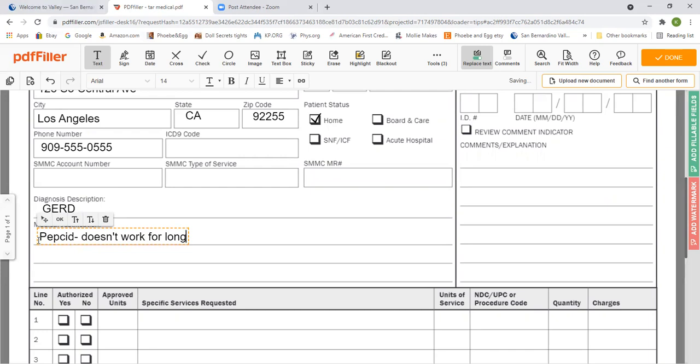Are they allergic to it or something? I don't know. It's on your assignment sheet, and you guys need to read it from there and put it yourself. The other thing was calcium, like Tums, right? And that also doesn't work for long or doesn't work well.